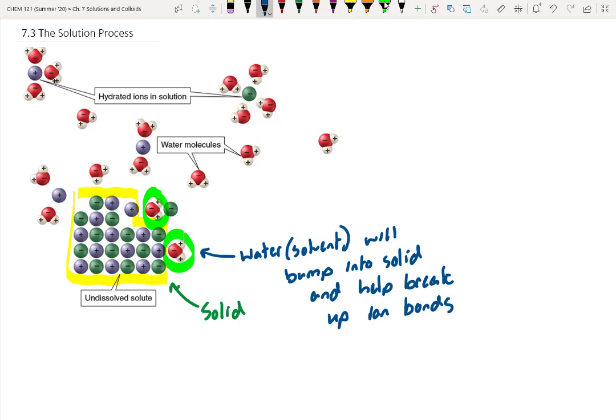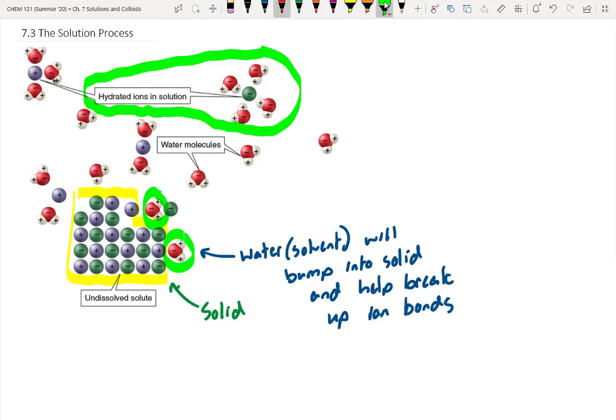Okay, so when this happens, we end up with something called hydrated ions. So let's take a look at what a hydrated ion is. And I like this little image right here. A hydrated ion is an ion surrounded by water molecules.